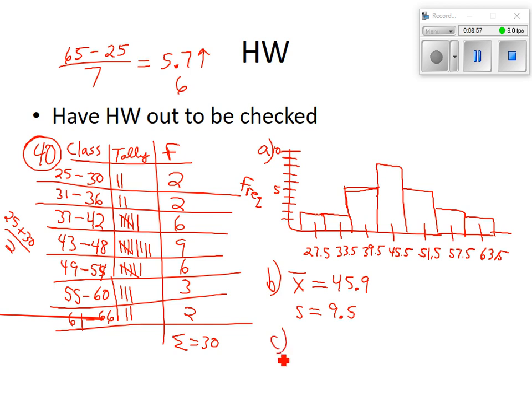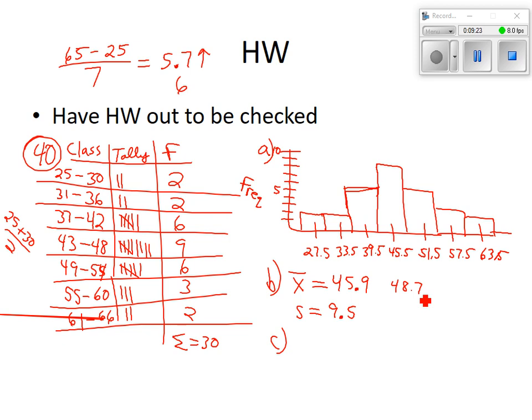Part C says compare the mean and standard deviation of the sample with those previously discussed. So we're just comparing it with theirs. Their mean was 48.7. Ours was 45.9. What do you notice about their mean compared to our mean?